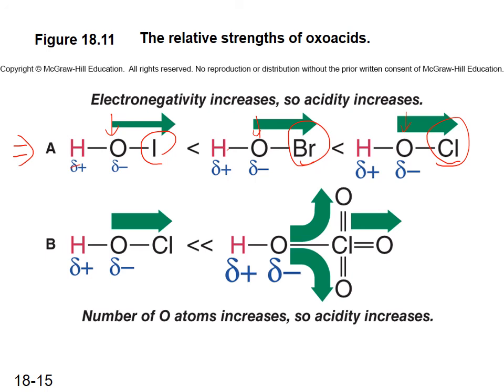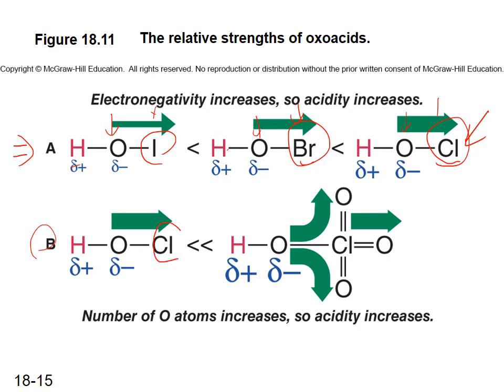So these three oxo acids all contain the same number of oxygens, so the acid strength is determined by the electronegativity of the nonmetal. Since chlorine has the highest electronegativity, the third one has the largest acid strength, and then bromine, and then iodine.